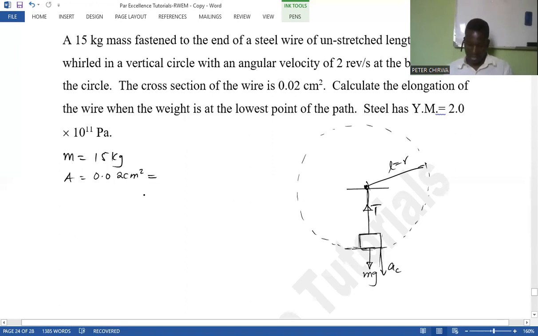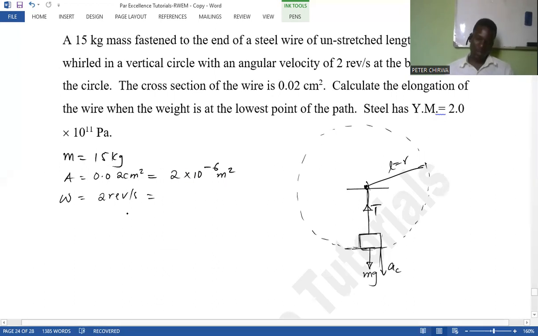So we can divide that by 10,000 to get it in square meter, which is going to be 2 times 10 to the power -6 square meter. And then we have the angular velocity, which is 2 rev per second, which I would love us to convert to rad per second.